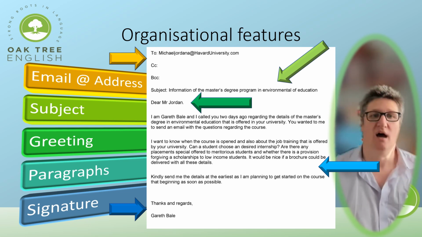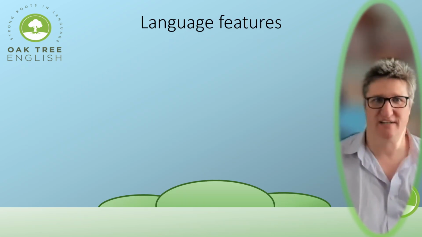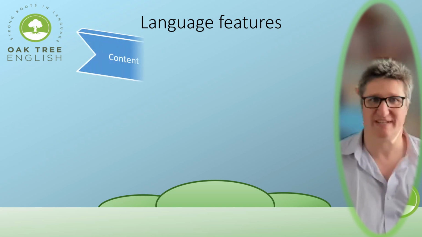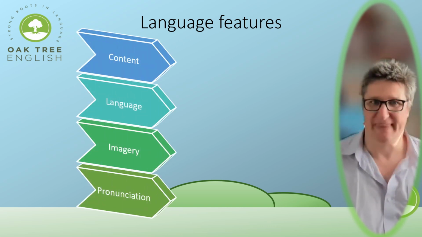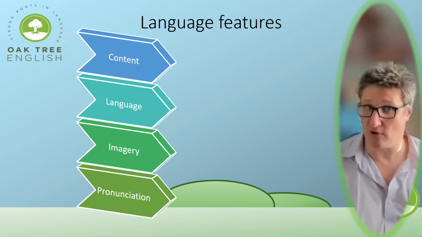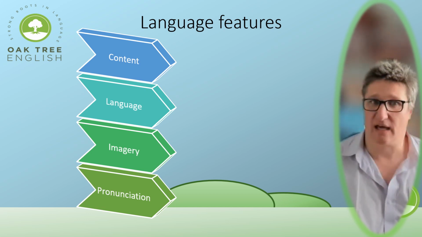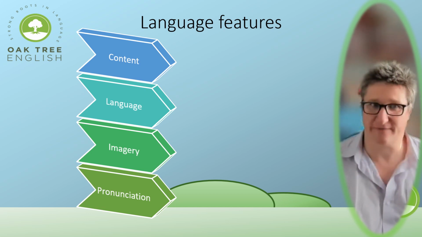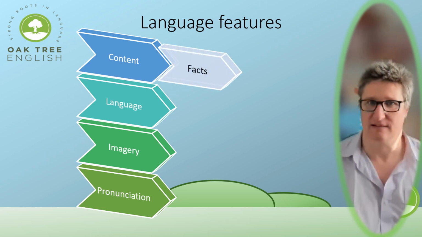Okay, let's move on. Now, language devices can be divided into 4 areas: content, language, imagery, and pronunciation. And in each category, there are appropriate devices to use in both formal and informal emails. Under content, formal emails will have many facts, such as statistics.